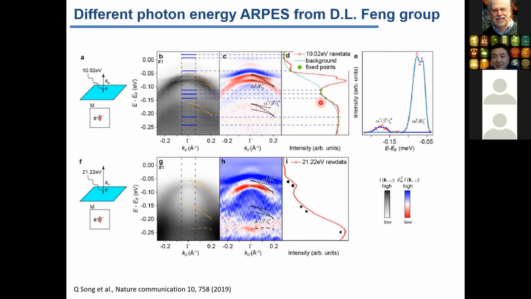But because of the background, and since they don't have an accurate way to subtract it, the conclusion drawn in this paper may not be correct, because depending on how you extract the background, the replica band intensity could be greatly affected.